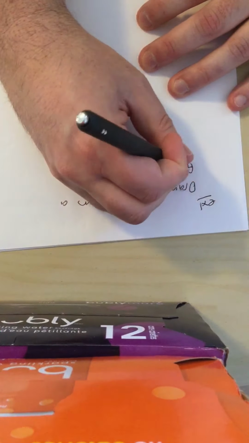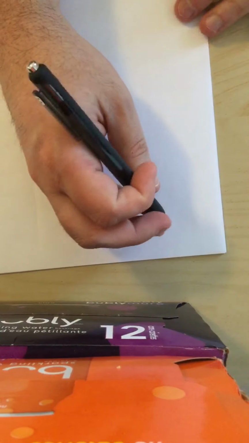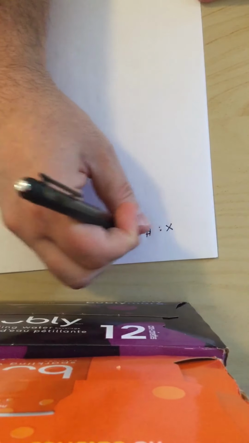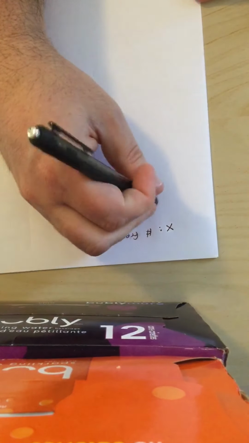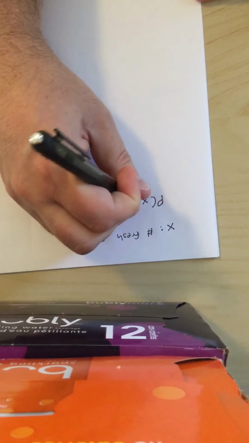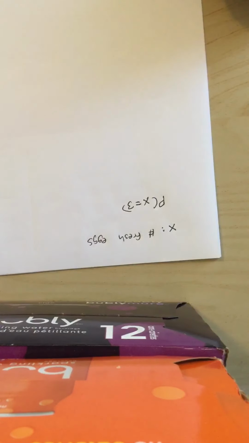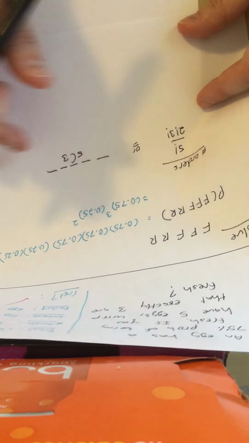So what this means is, I'm going to have to go on to another page. What this means is that if I say that x is the number of fresh eggs, then the probability that the number of fresh eggs equals 3, which is what the question was asking for, we're saying what's the probability that we have exactly 3 fresh eggs, is going to be this probability added up this many times, or this times that.